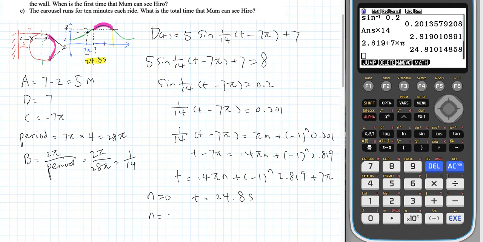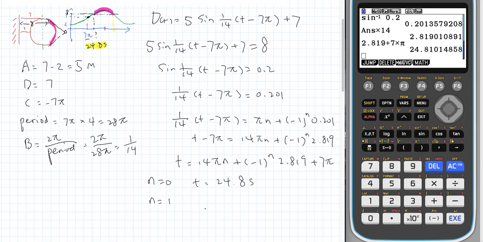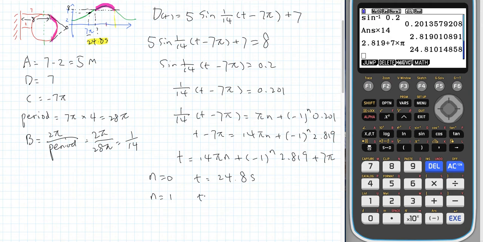So when n is equal to 1, what is t going to be? Let's find out. t is equal to 14 pi, plus, actually it's minus because of -1 to the power of 1, minus 2.819, and plus 7 pi. So 14 pi plus 7 pi is 21 pi.